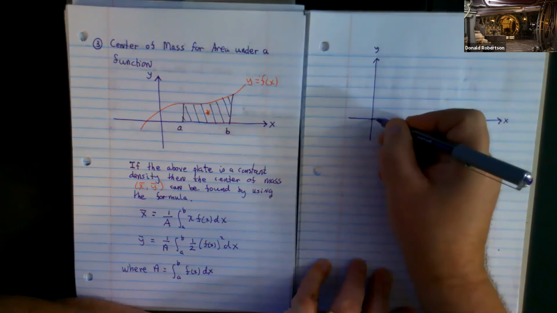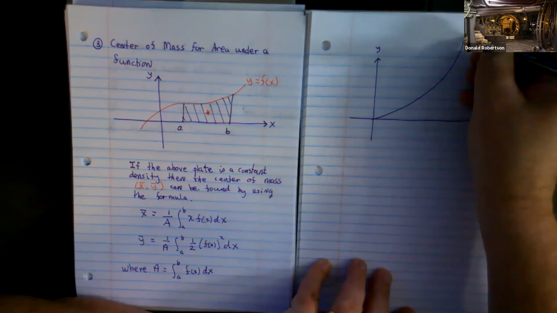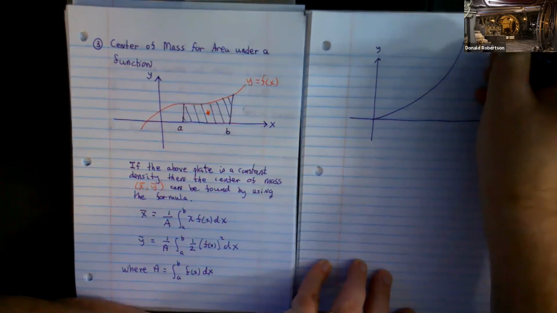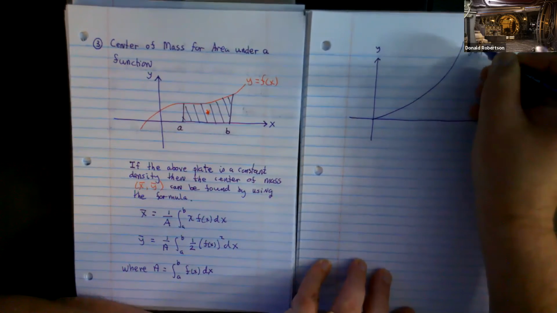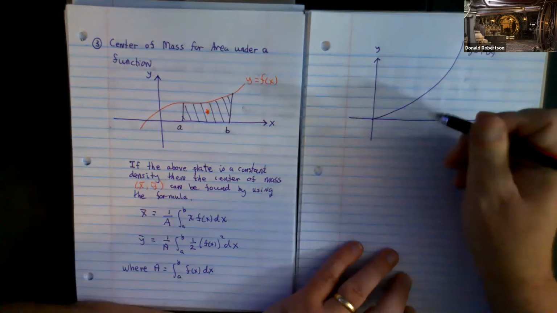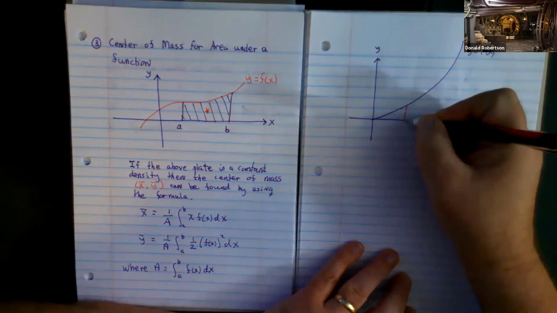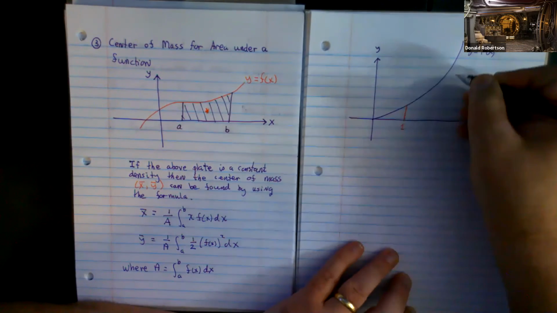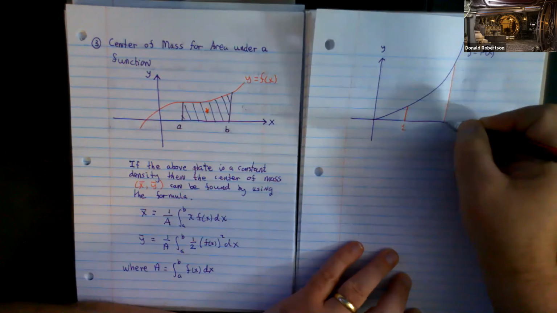I'm going to pick the easiest function I can think of, which is x squared. And I'm going to start at 1 and finish at 3.